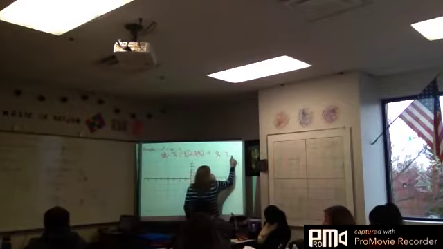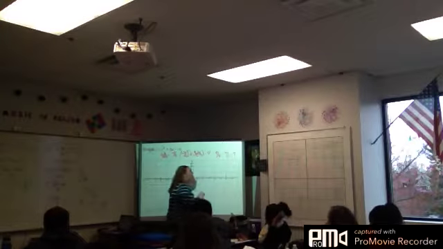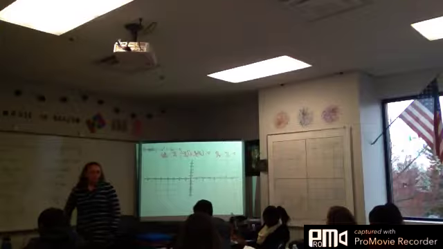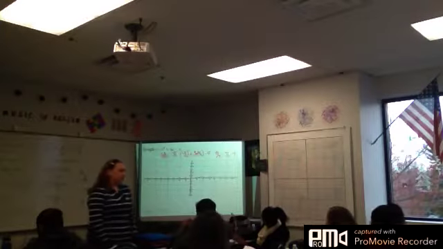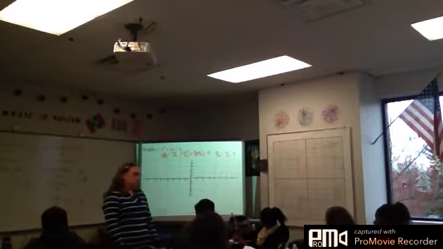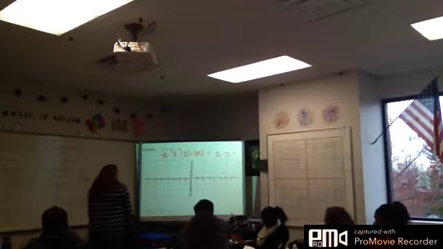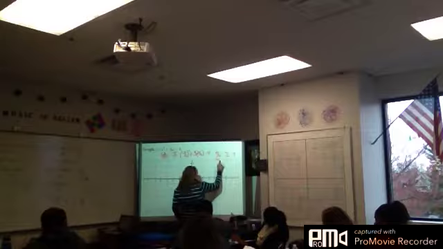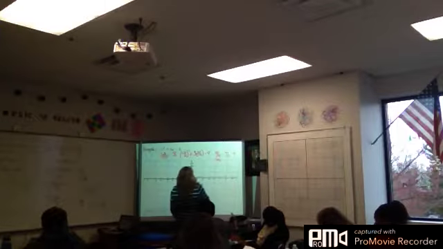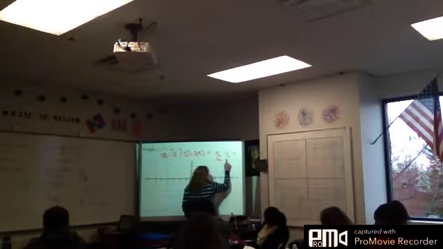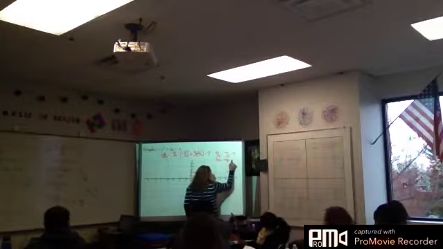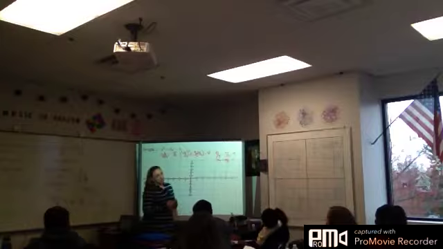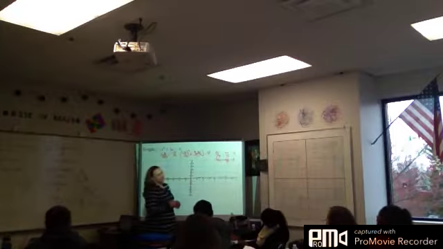Negative 9 halves, minus 4. Change 9 halves into a common denominator with 9 fourths by multiplying by 2 over 2. So I have 9 fourths minus 18 fourths minus 4. What's 9 minus 18? Negative 9. Negative 9 fourths minus 4.